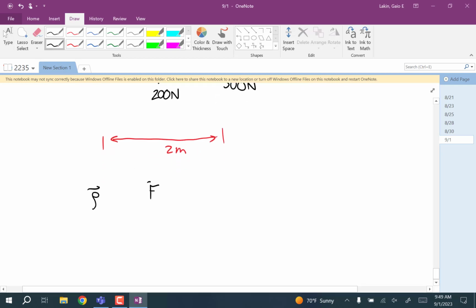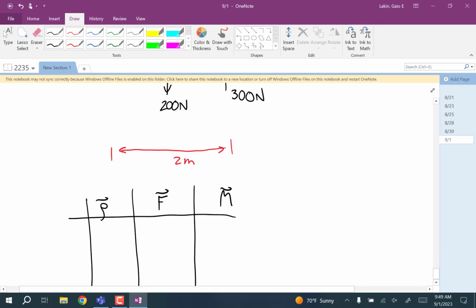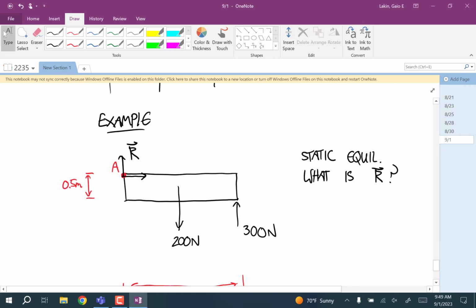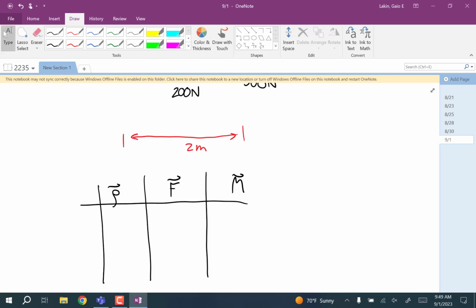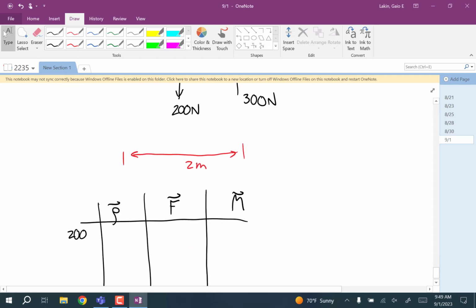Okay, so rho, force, moment. Let's do the 200 newton force first. To get from A to P, where this 200 newton force is applied, you go 1 meter in the positive x direction, negative 0.25 meters in the y direction.